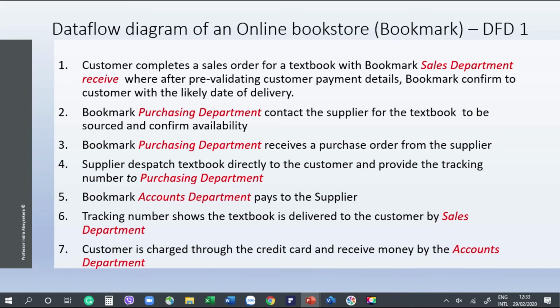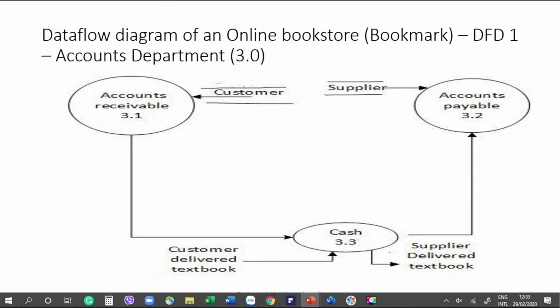We have now looked at the manageable processes. Next, I'm going to look at one of these processes, which is the accounts process. In the accounts process, we can identify from the information given to us, there are 3 sub-processes.